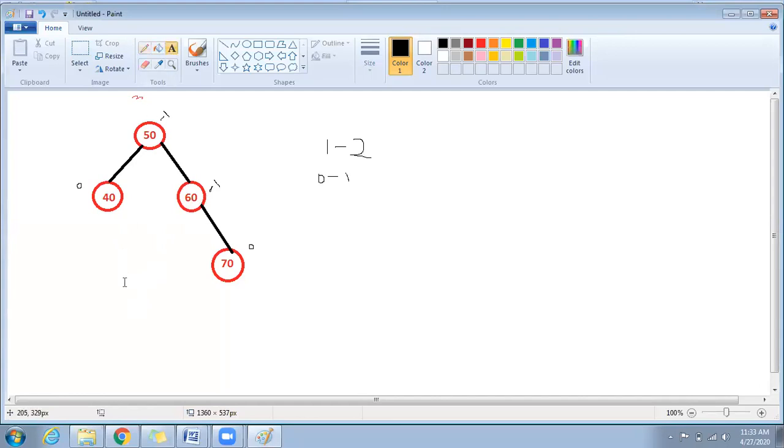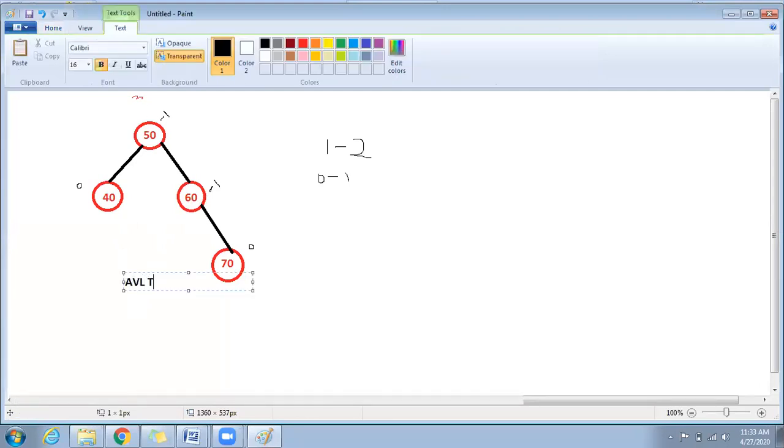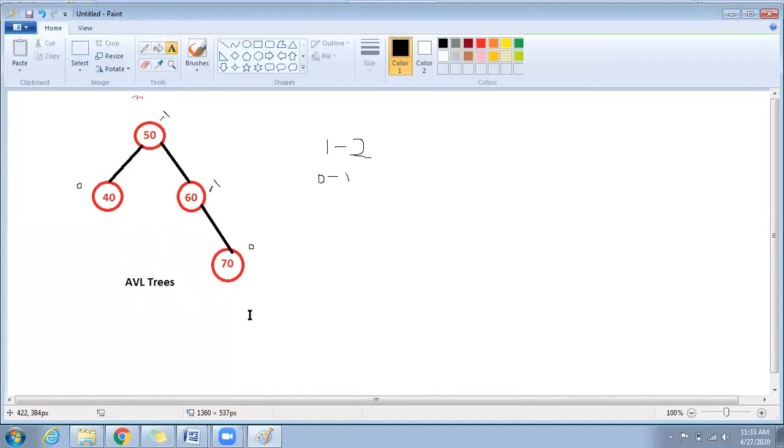So we are putting AVL trees. What is that? Height balanced binary search tree. What is height balanced? Each and every node should follow one property. What is that property? Each and every node's balancing factor should be either 0, -1 or 1.